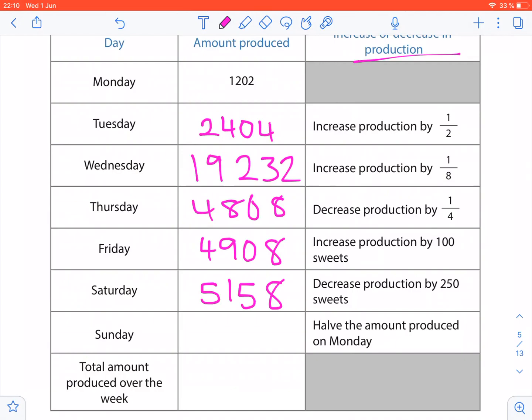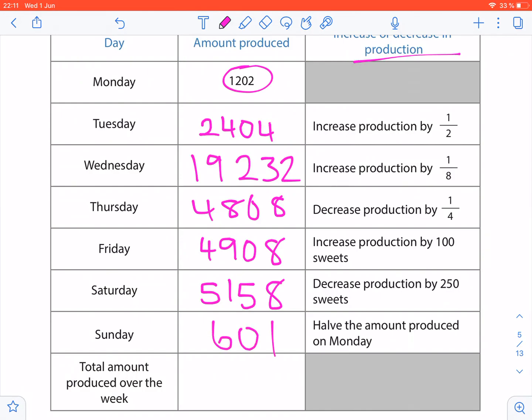So that's nice and easy to do. Halve the amount produced on Monday. Okay, so we halve this amount here that we produced on Monday. So half of 1,202 is 601.